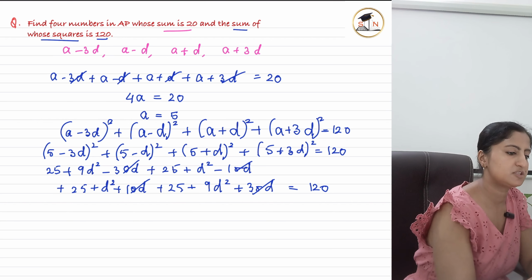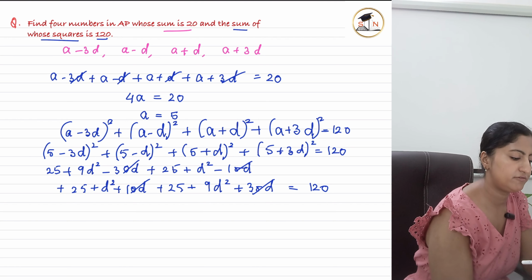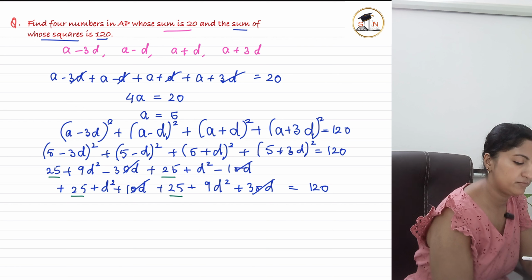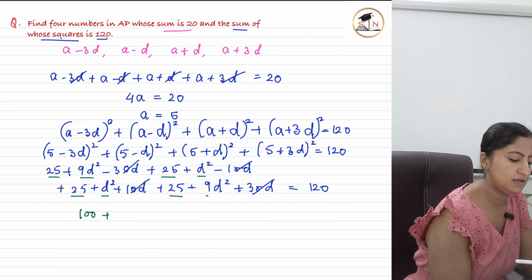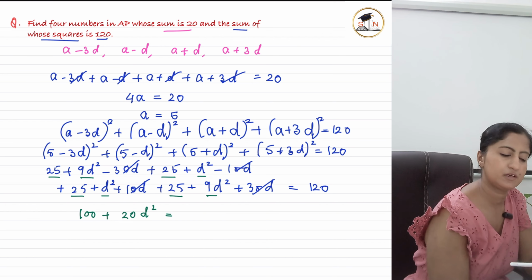Now, we'll simplify this expression first. So, we have 25, 25, 25 and 25. That comes out to be 100. And after that, we have 9D square plus D square, 10, 11 and 20. So, we get 20D square equals 120. Right?